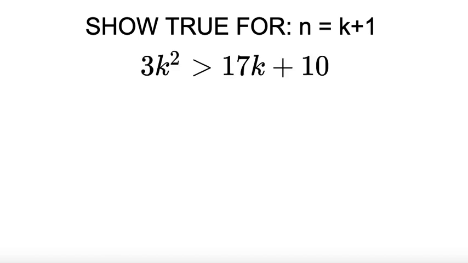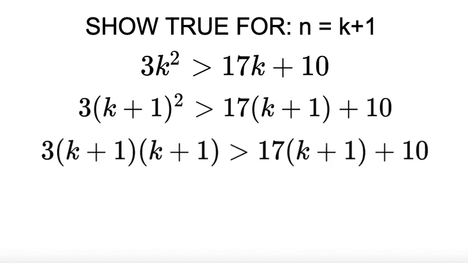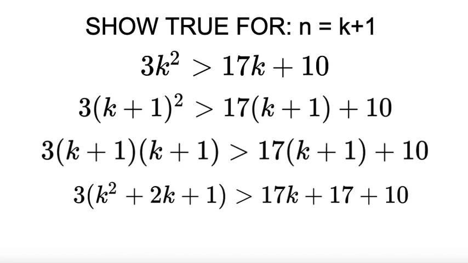Now the third step, we must show that it's true for n equals k plus 1. We have the original from the second step, 3k squared is greater than 17k plus 10. We just replace each k with a k plus 1. So we have 3 times k plus 1 squared is greater than 17 times k plus 1 plus 10. And then you just expand the k plus 1 raised to the second power, and you distribute or FOIL on the left side, and you distribute on the right side as well.